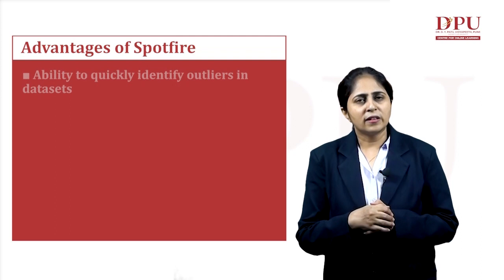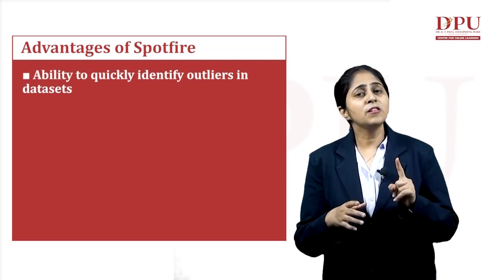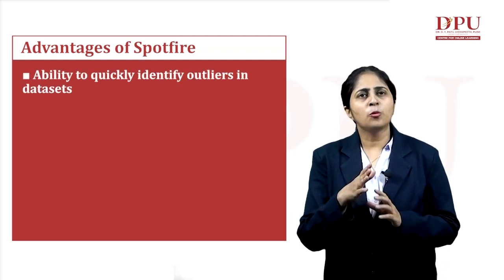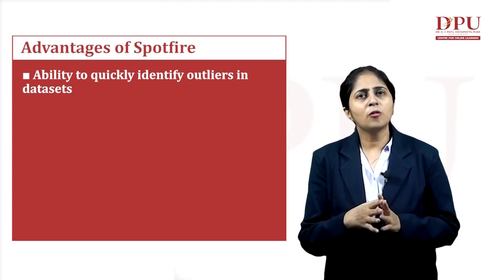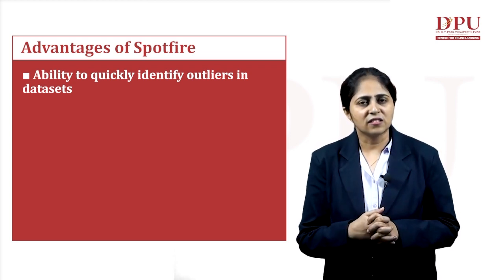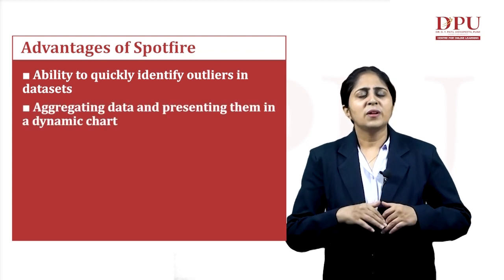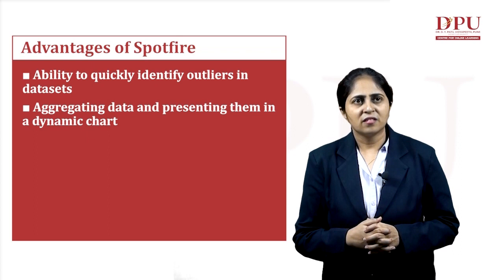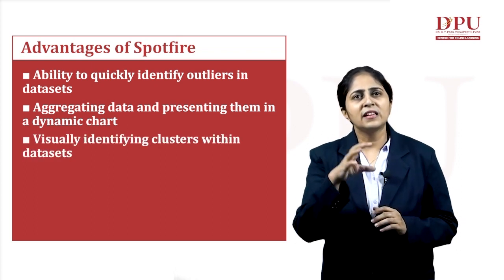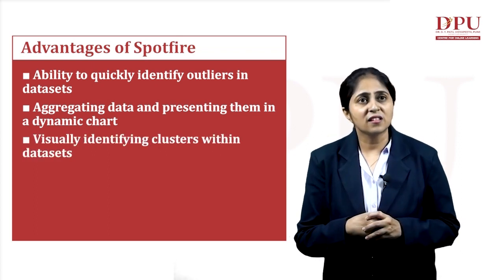Talking about the advantages of Spotfire, first of all, its ability to quickly identify outliers in the data sets, aggregating the data and presenting it in dynamic charts, and visually identifying the clusters within the data set.